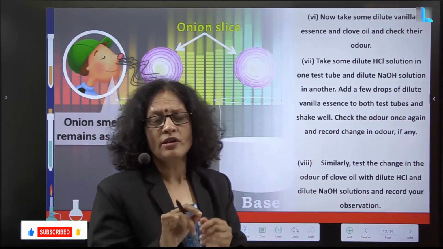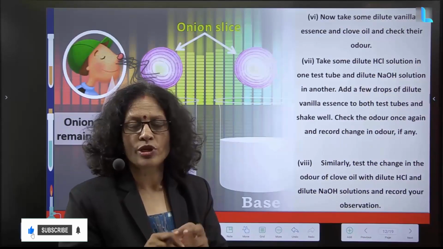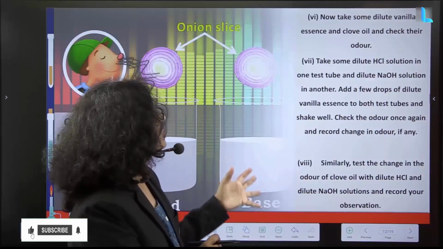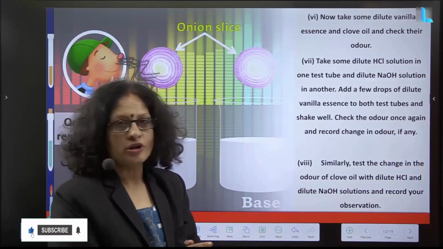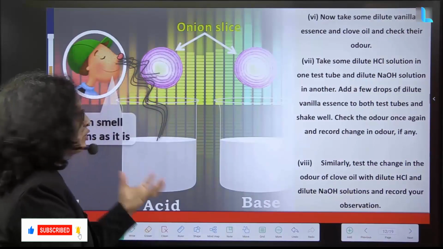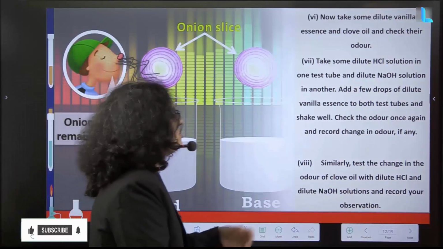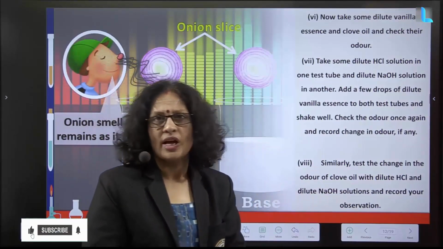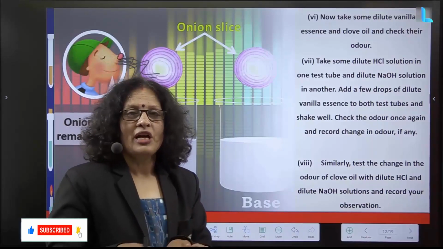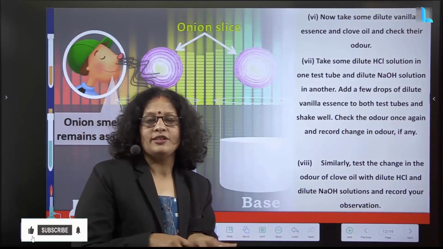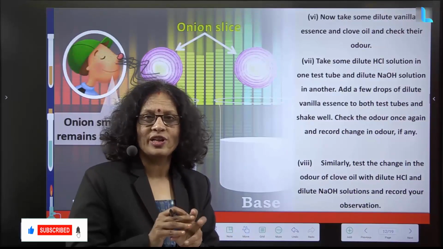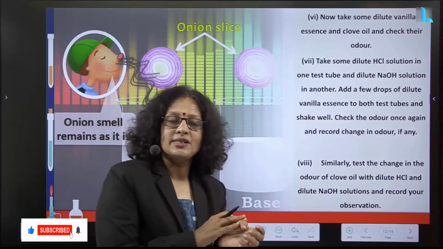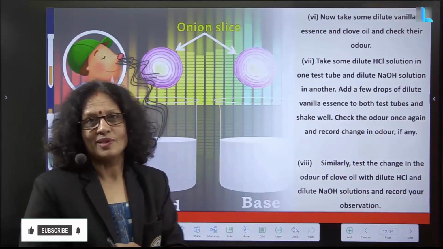Shake well, check the color and odor once again, and record the change in odor. Similarly, test the change in odor of clove oil also with acid and with base and record the observation. These substances are available at home level, so you can also do this experiment and observe it. You will find a different kind of specific smell with the acidic substance and with the basic substance.